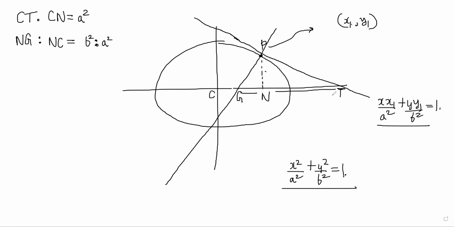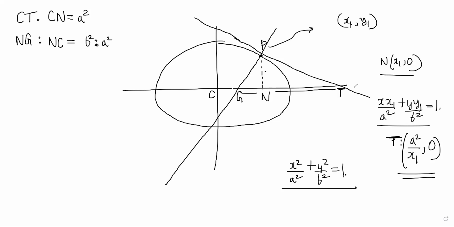The tangent intersects the x-axis, so y should be 0. So this point T should be, when y is 0, x will be a square by x1. A square by x1 comma 0. And point N is obviously x1 comma 0.